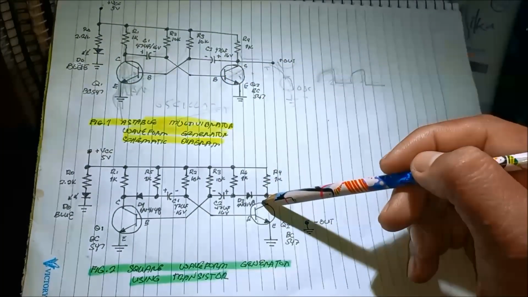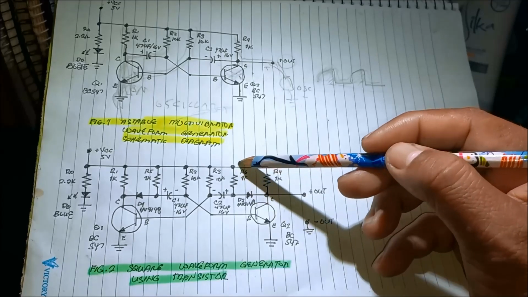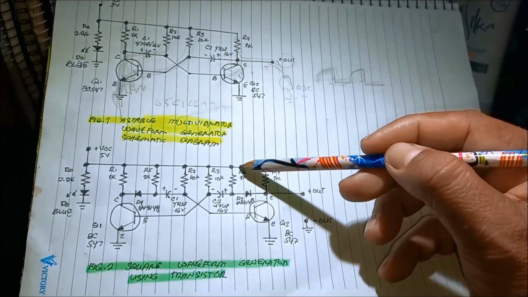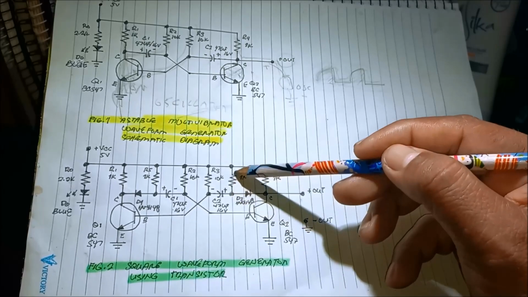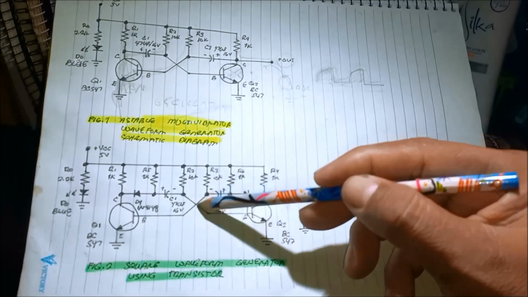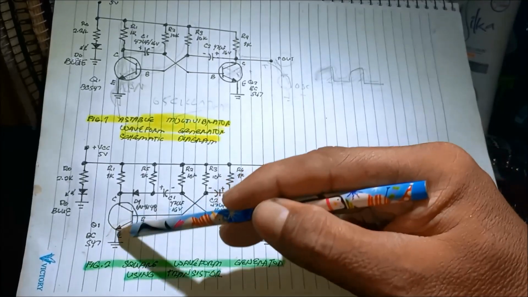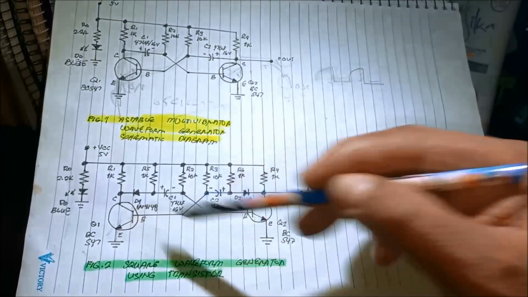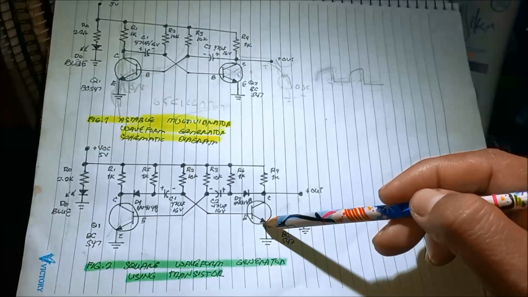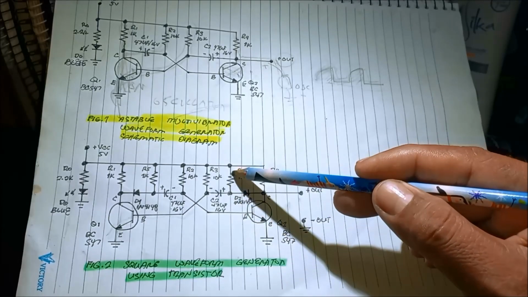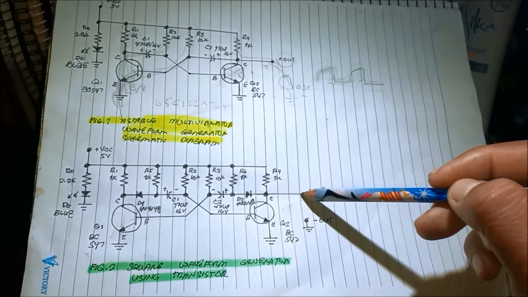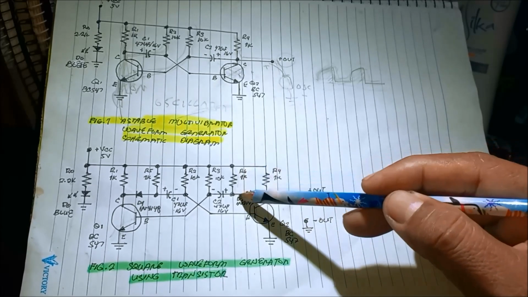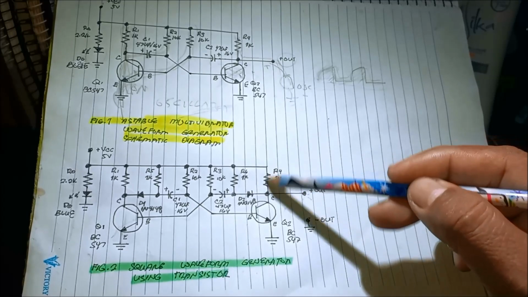Now here it will charge through the R6 1K, this new component, charging from R6 to C2, then to the transistor, making this transistor turn on, and it will turn off. Since the current now flows from here to the diode and then to the output.